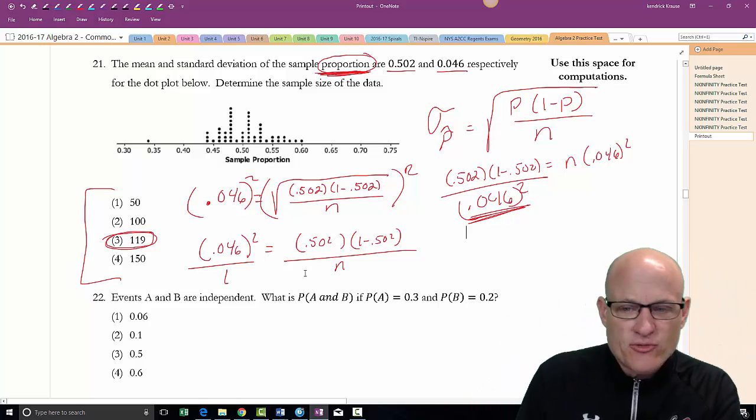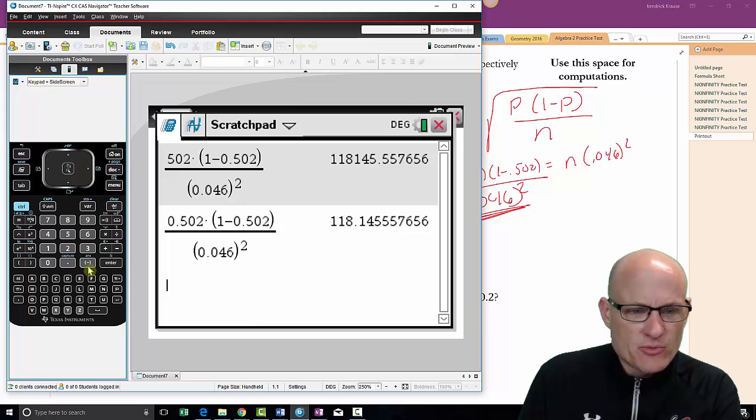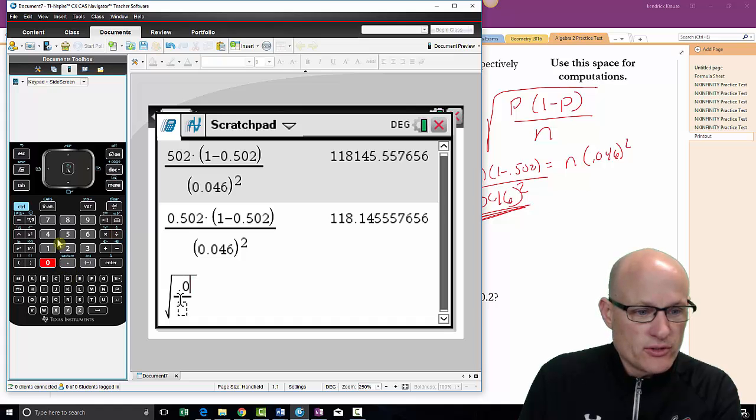So how can I do this backwards the other way? Easiest way to do it is just go control radical, control division, 0.502 times 1 minus 0.502 all over 119.